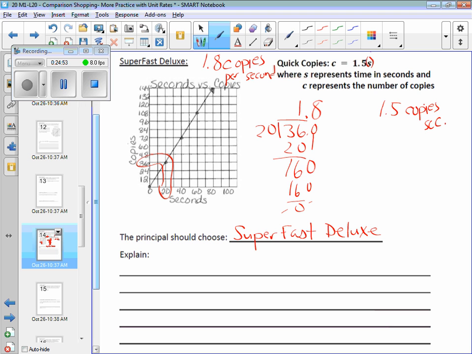Right? I know Super Fast Deluxe, in that 20 seconds, can make 36 copies. How would I find out how many copies this can do in 20 seconds? Becca, it's your problem. You do it. What'd you do?